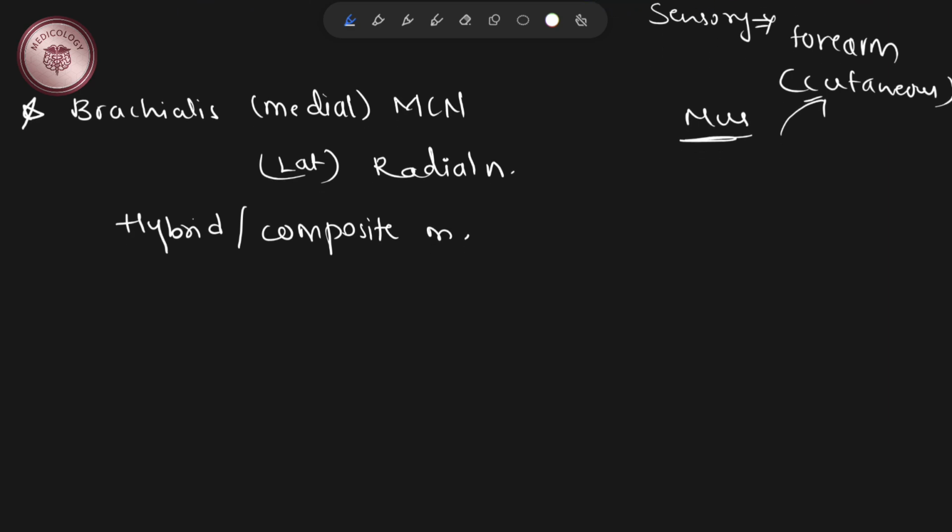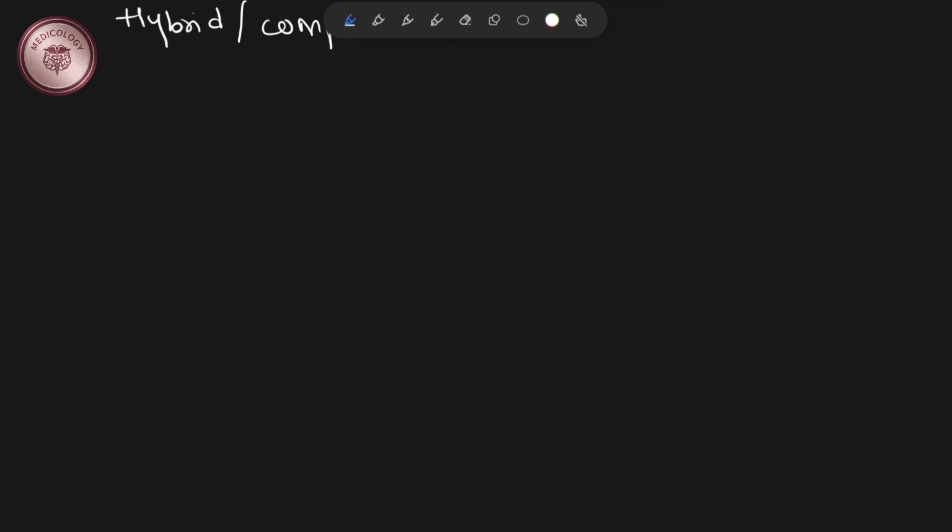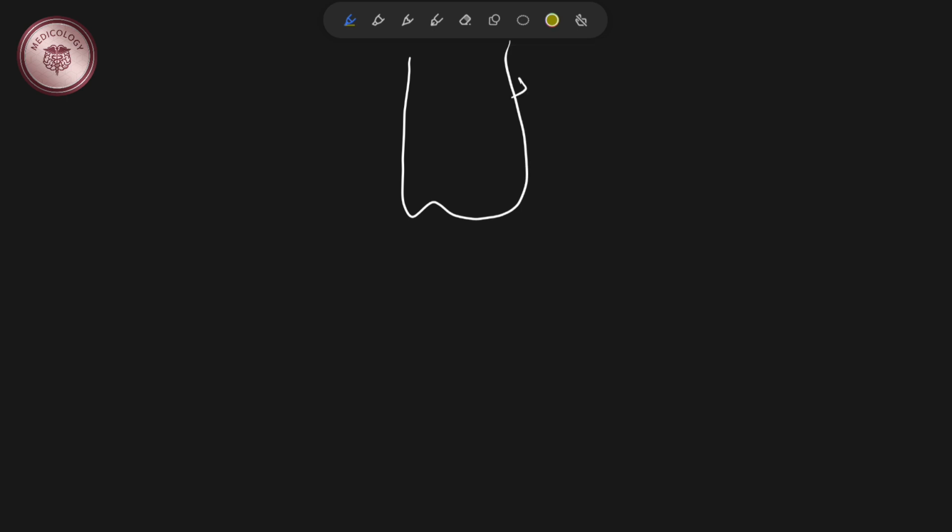There is one more thing. This is our humerus, the lower part of the humerus. In a few rare cases, this is the distal end of the humerus and here is the supracondylar process. Sometimes a third head of the biceps comes and attaches to the medial epicondyle.